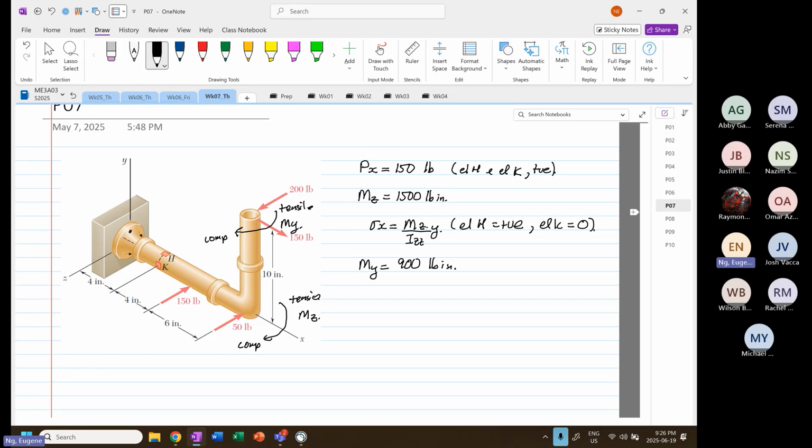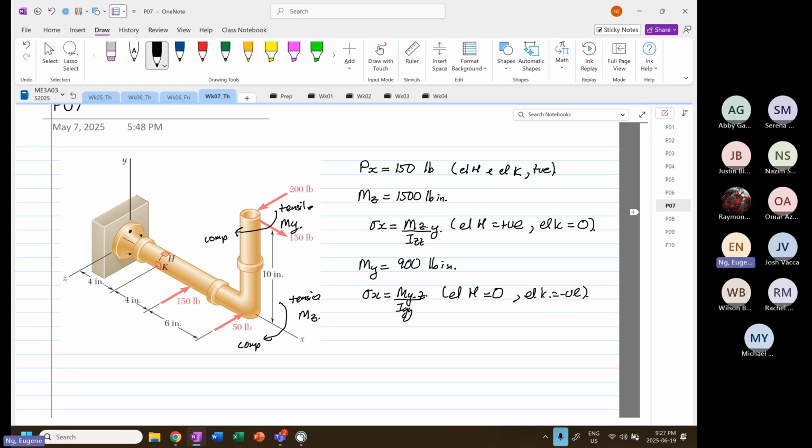So when you apply moment about Y, the analysis is still My over Iyy multiplied by Z. Then over here, your element H, which is at the centroid, is equal to 0, and your element K is at the compression, negative, right?